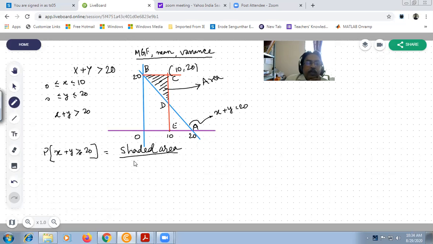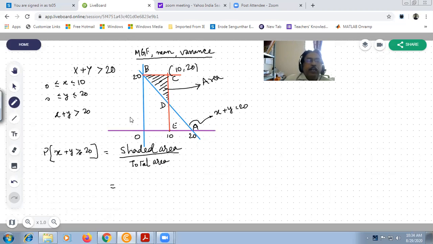The total area is 0 to 10, 0 to 20, that is the rectangle.